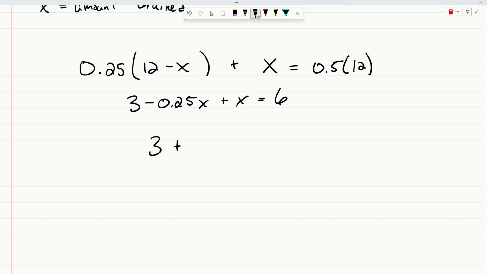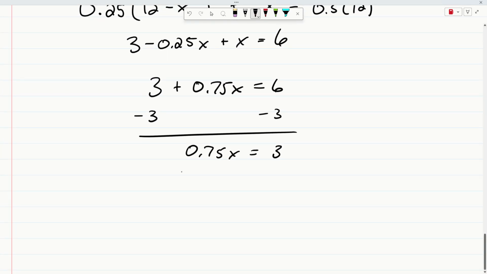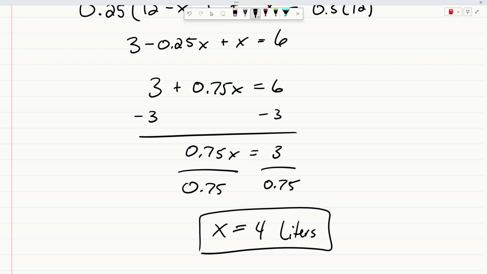So 3 plus 0.75x equals 6. Subtract 3 from both sides. And then finally, we're going to divide both sides by 0.75. So x is going to equal 3 divided by 0.75, or 4 liters. So the amount I'm draining is equal to the amount of pure I'm putting in.